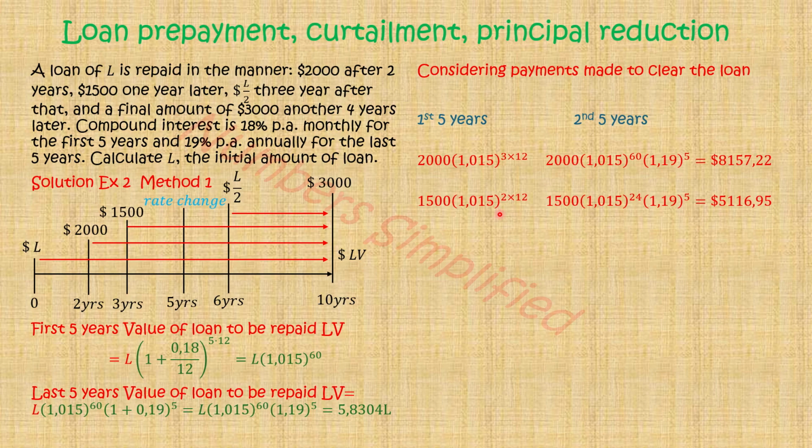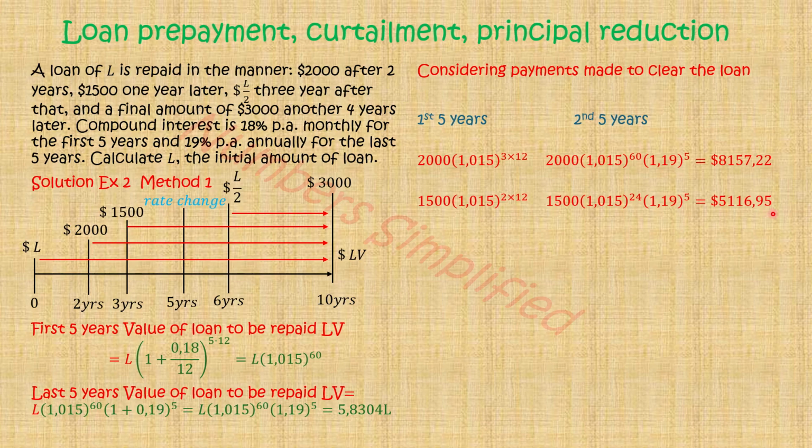Then in the last or second 5 years, when the rate changes, we take the value of that particular payment and multiply it with 1.19 raised to the power 5, because that is the interest that it would accumulate in the last 5 years. So evaluating that one, we are going to get $5,116.95. Right, so we move on.